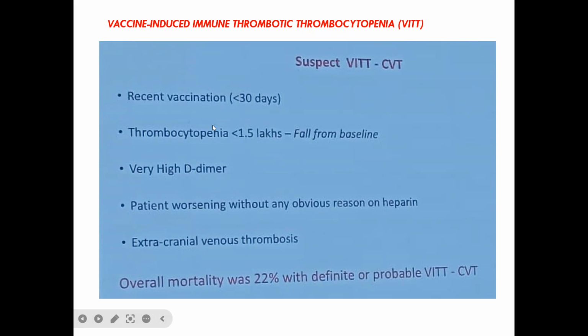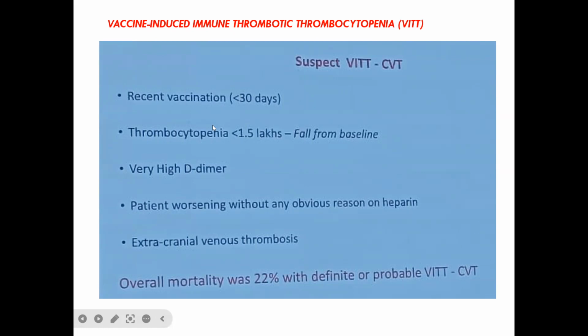So in this setting you cannot give heparin. You can use indirect heparin derivatives like danaparoid or fondaparinux, which usually do not cause heparin-induced thrombocytopenia, and IV immunoglobulin will be the best choice for this kind of patient.